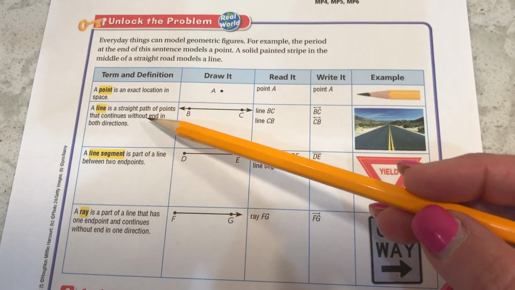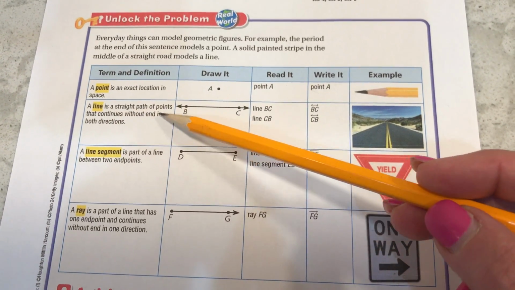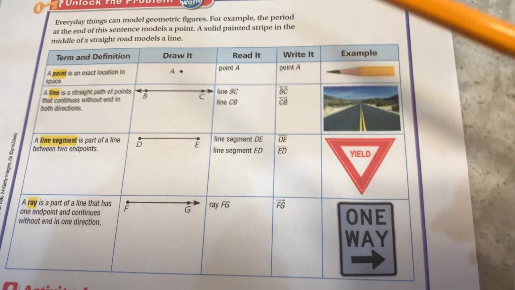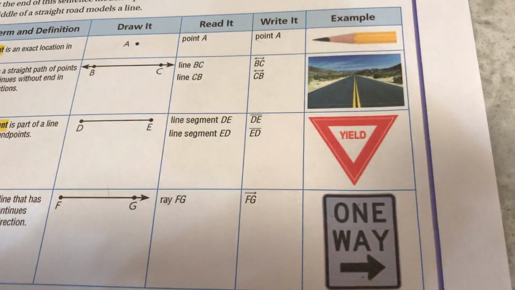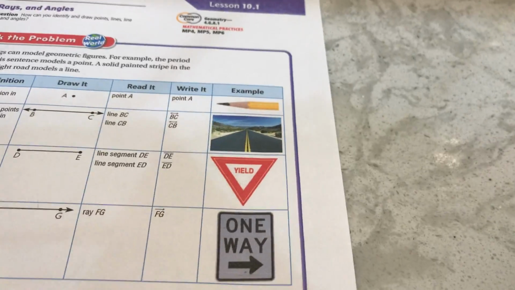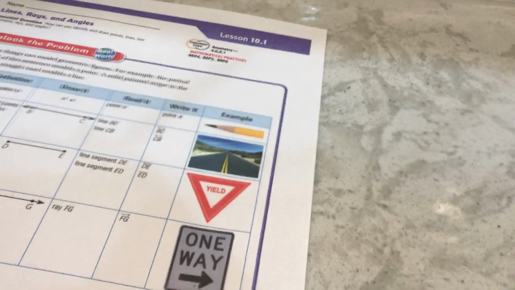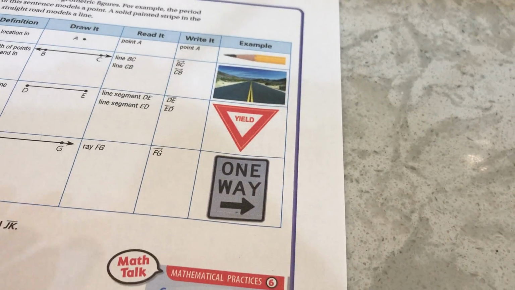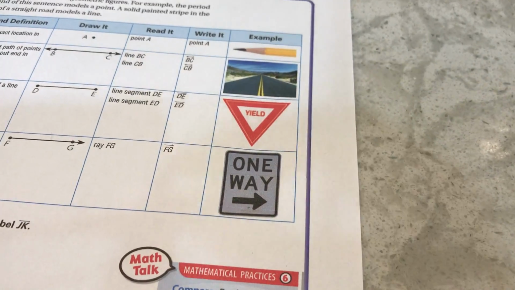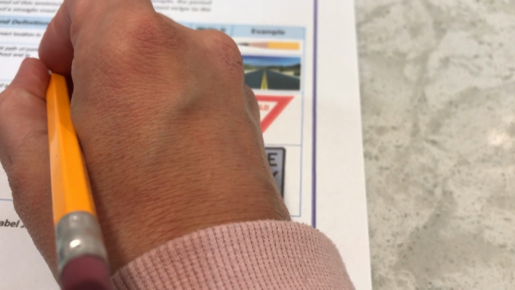A line is a straight path of points that continues without end in both directions. And what's really important, before we left the classroom on that last day, we were explaining to you that you want to think of a line as going to infinity and beyond. They have to have those arrows on both sides.